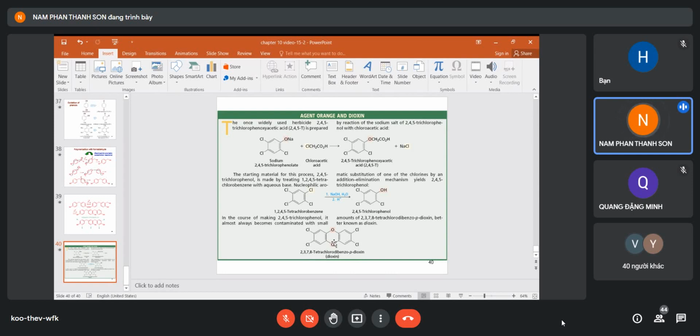No one wanted to make dioxin, but anyway, it was still produced as a byproduct in the production of Agent Orange, and it caused a disaster. Lots of people died because of this byproduct. So be careful.